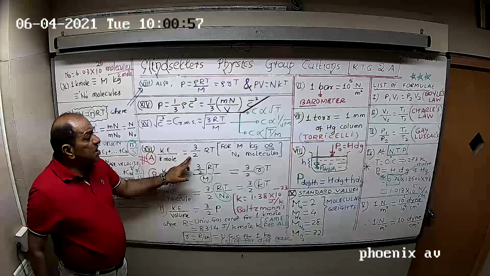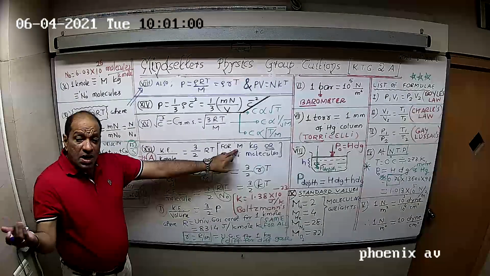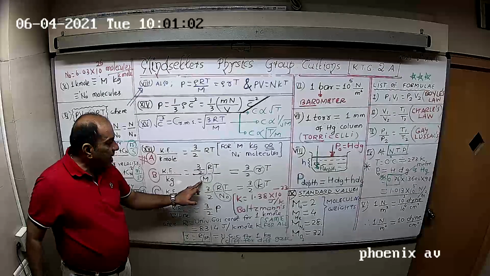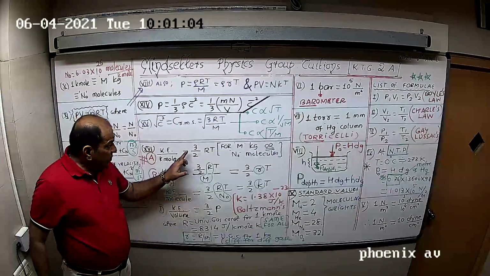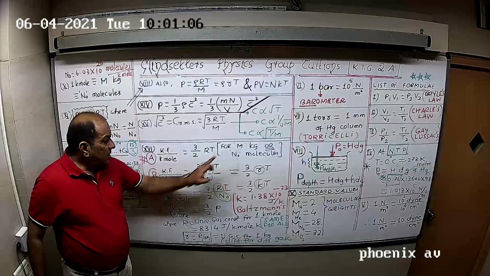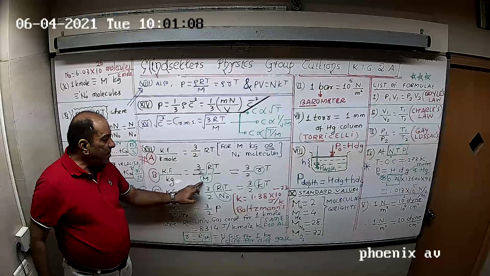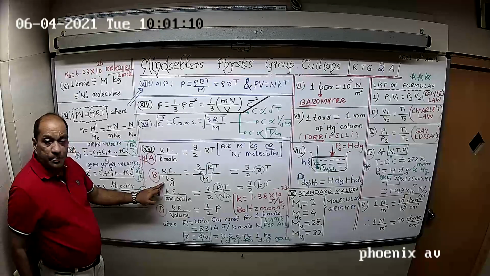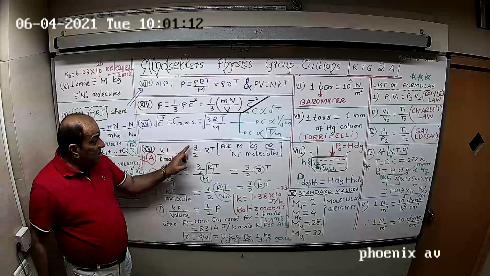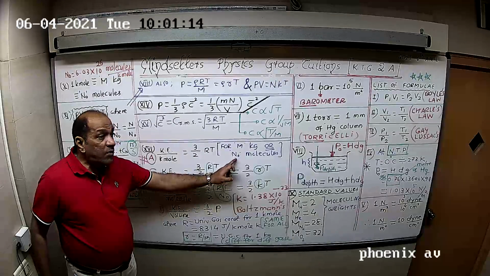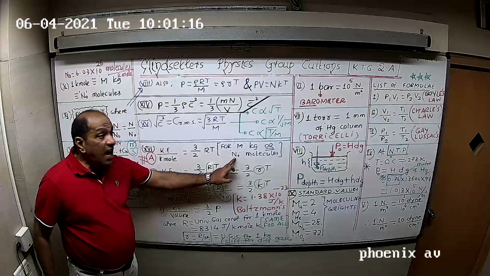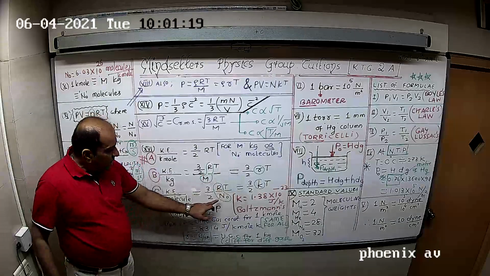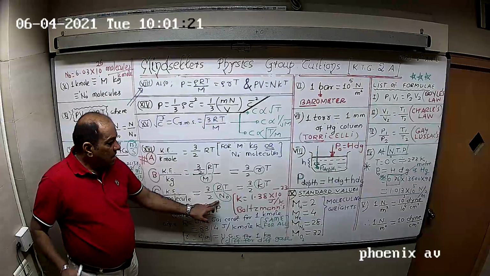So if this is the answer for M kilograms, what is the answer for 1 kilogram? Obviously divide by M. So it is kinetic energy per kilogram. Again, if this is the answer for N0 molecules, Avogadro's number, then what is the answer for 1 molecule? Divided by N0.